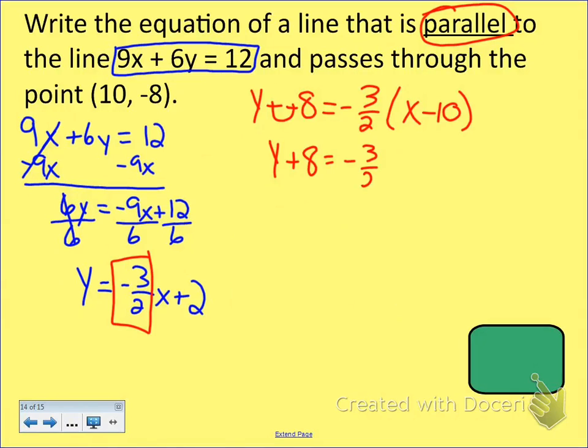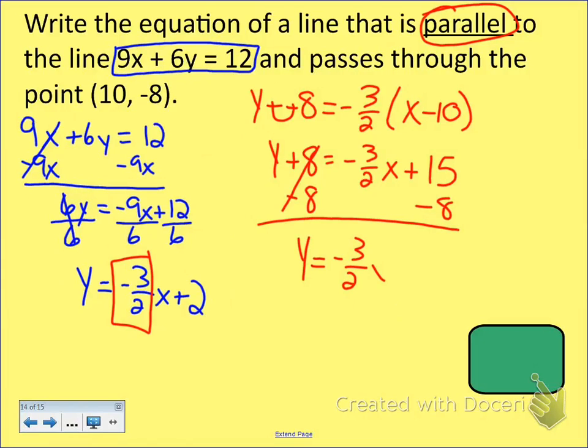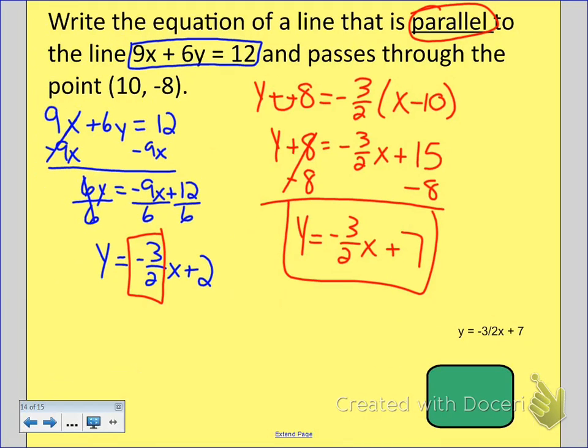We get negative 3 halves x, and then negative 3 halves times negative 10 is a positive 15. And subtract 8 from both sides, and you get y equals negative 3 halves x plus 7. And that is your answer.